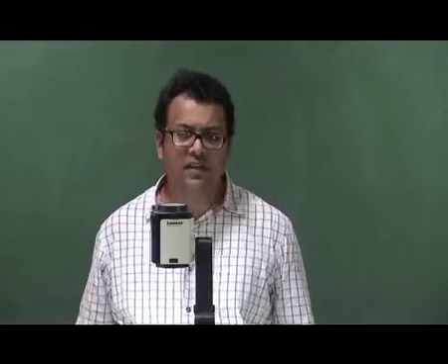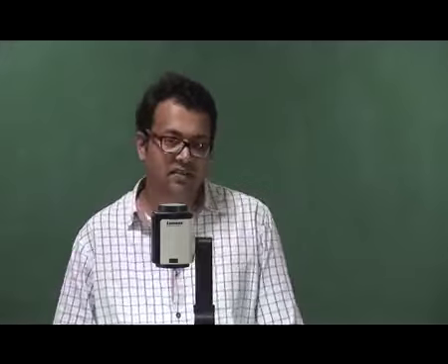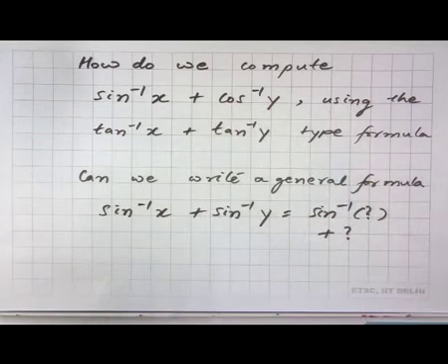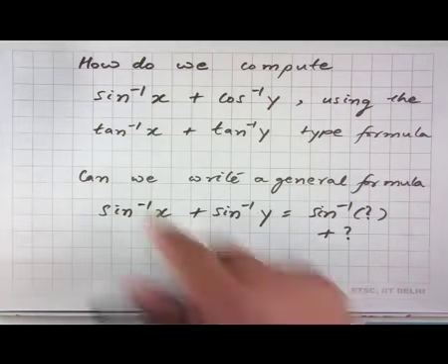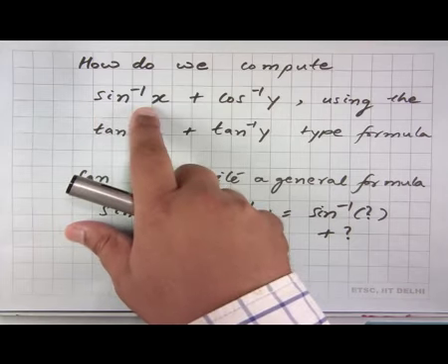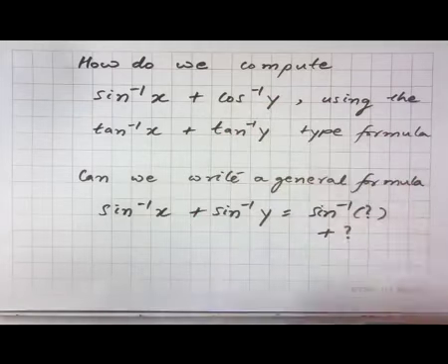So far we have only seen how to add the tan inverse of two different variables x and y, but of course these things can be generalized. For example, let us say that we want to compute sin inverse x plus cos inverse y. How do we do it? One method could be to find conversion formulas from sin inverse x to tan inverse of something, and from cos inverse y to tan inverse of something.